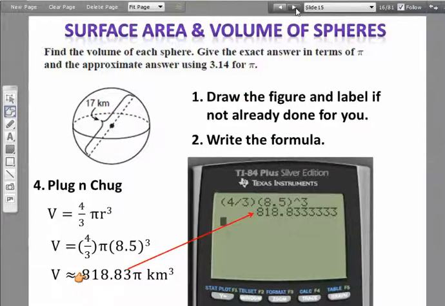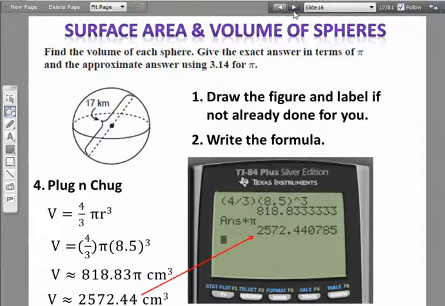And then to get my approximate answer, I'm going to take this 818 and multiply that by pi. So I get 2,572.44 centimeters cubed for my approximate.